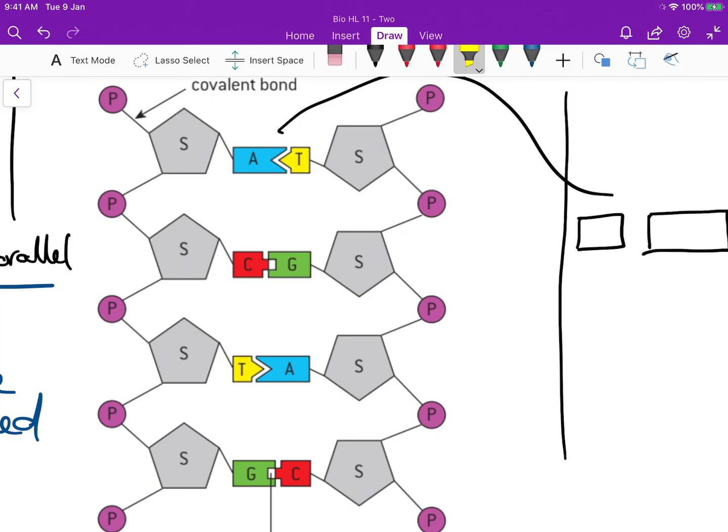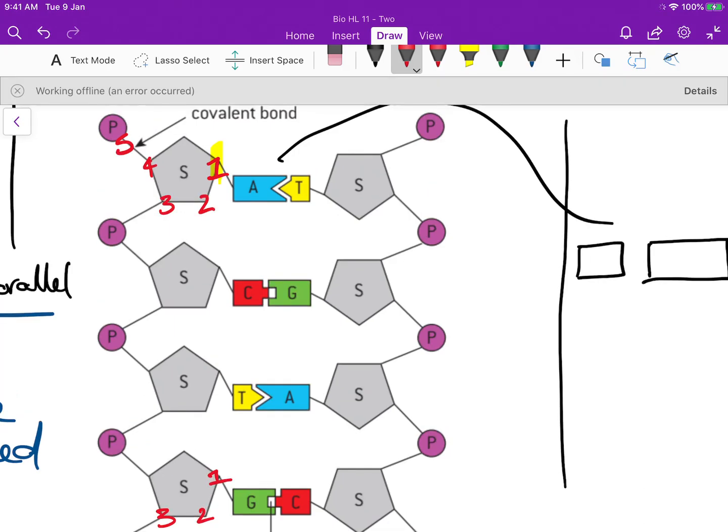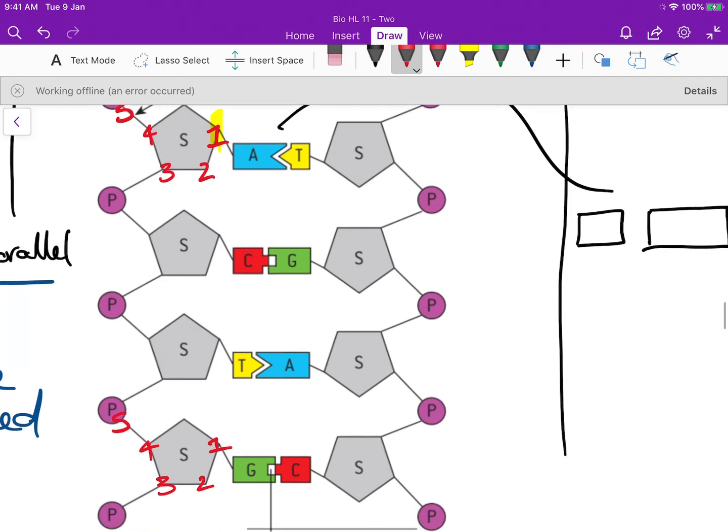One final repeat, sorry. Here we go. If we look at this one, that's 1, 2, 3, 4, 5. And 1, 2, 3, 4, 5. So this strand here, the bottom end is 3 and the top is 5.